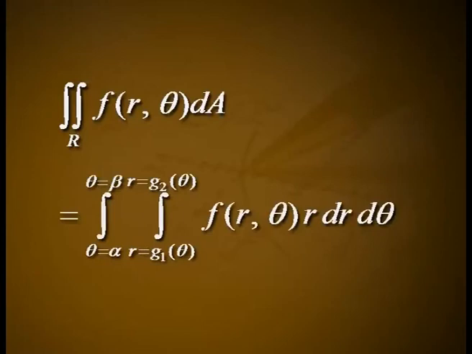Then the double integral of f of r theta over the region R is given by double integral over R f of r theta dA is equal to integral alpha to beta, integral g1 theta to g2 theta, f of r theta r dr d theta.